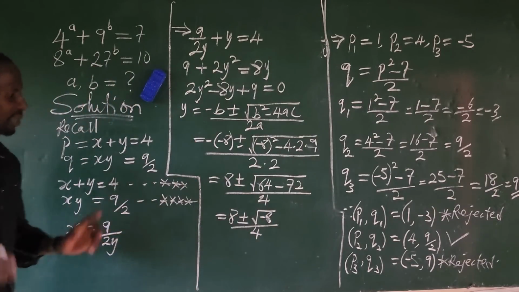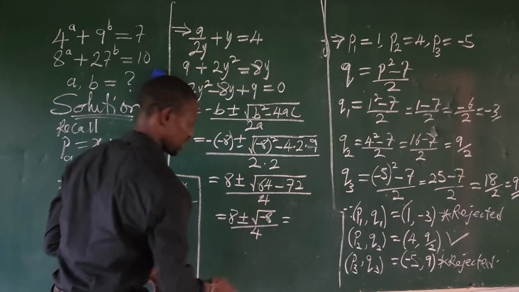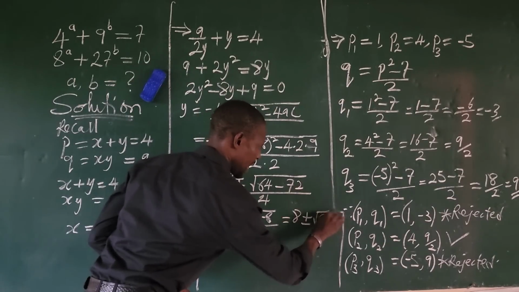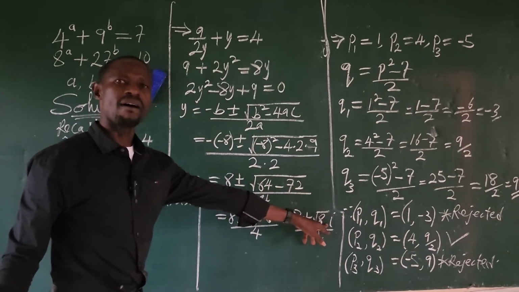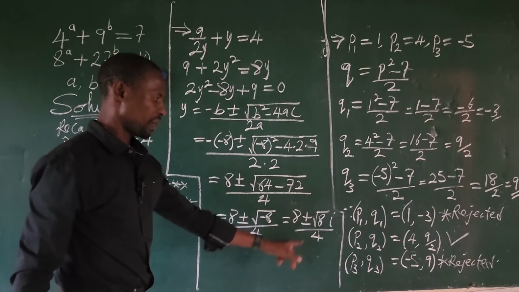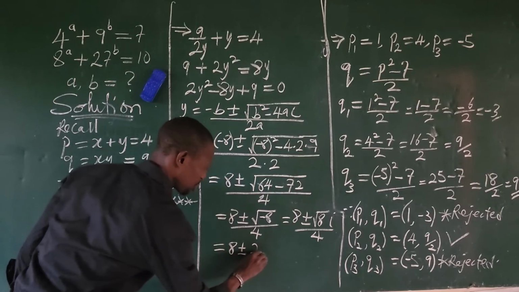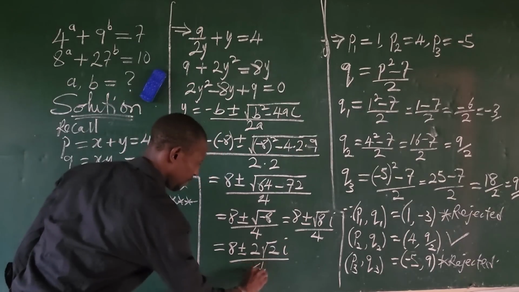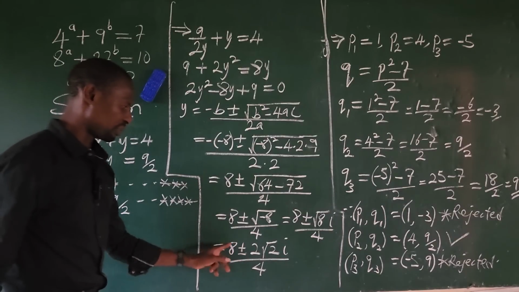Remember iota is equal to the square root of minus 1. So we can bring that here to give us 8 plus or minus the square root of 8 iota all over 4. Here we can write 8 as 4 times 2, so we can bring out 4, and the square root of 4 is 2. Then this becomes 8 plus or minus 2 times the square root of 2 iota all over 4.